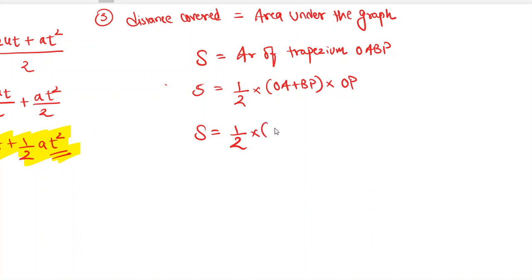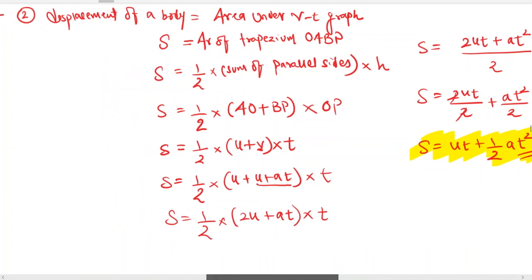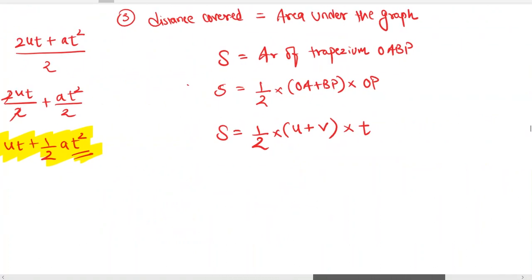OA plus BP is U plus V. OA is U and BP is V. And OP, what is OP? OP is T. The first 3 or 4 steps are exactly the same as the previous one, the derivation of the second equation of motion. But now things are going to change.